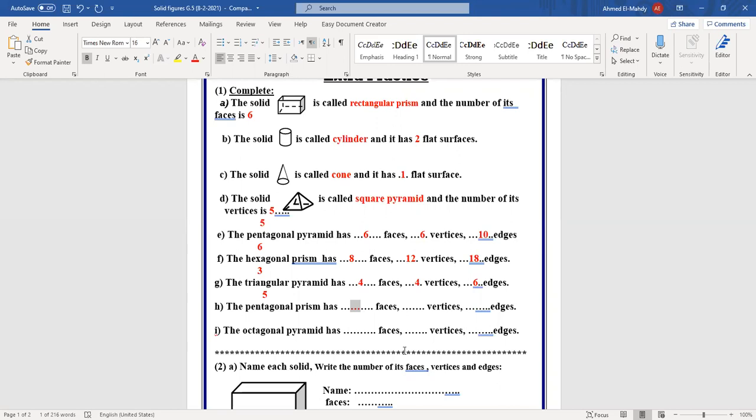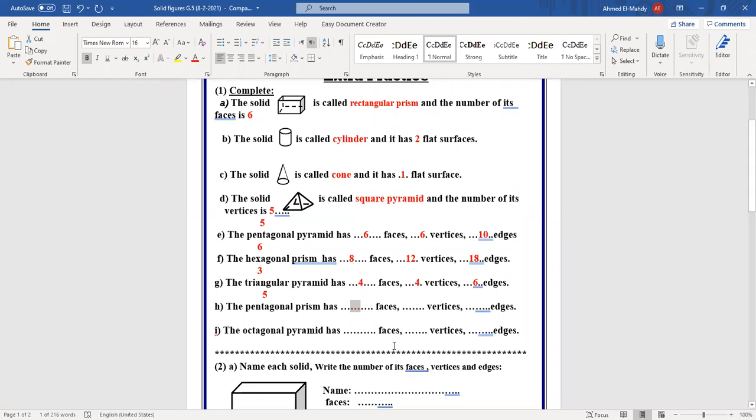Again, to find the number of faces in the prism, add the number of base sides plus 2. To find the number of vertices, multiply the number of base sides by 2. And to find the number of edges, multiply the number of base sides by 3.